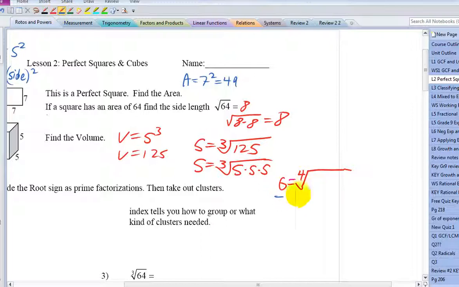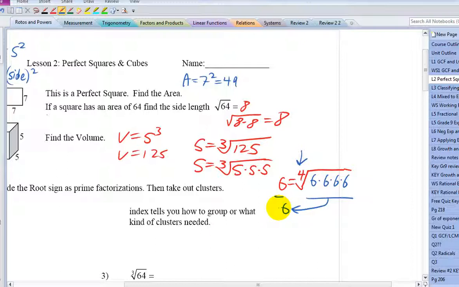How do we get the left side and the right side to be the same? Look at your index. Exactly. So if we have 4 of them, then we can take out a single value of 6.